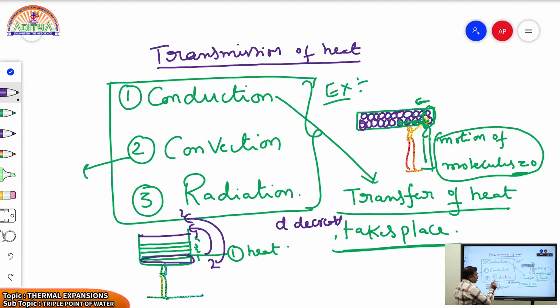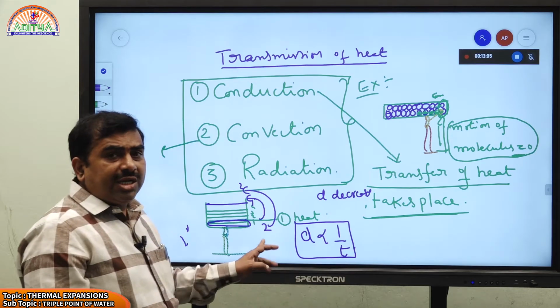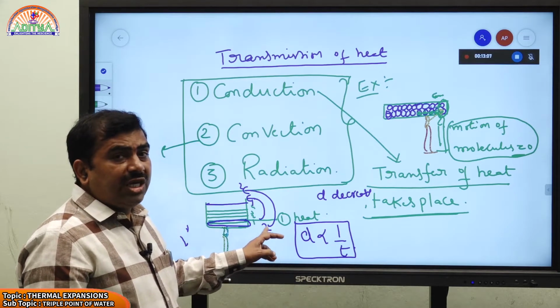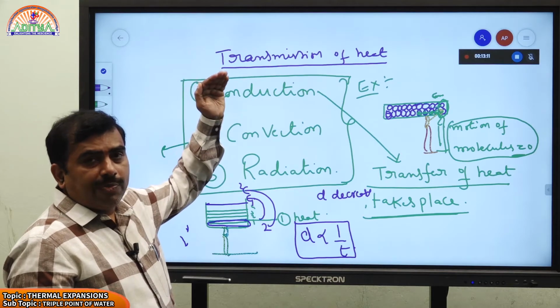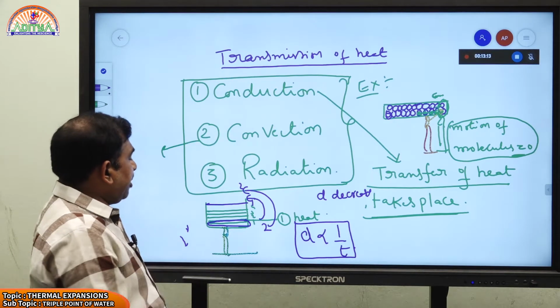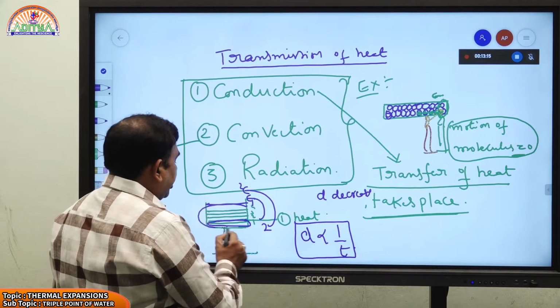So first, second. Look, slowly the bottom layers are transferring towards the top position, because we know that density is inversely proportional to the temperature. As the temperature increases, the density of these layers slowly decreases and they move to the top. As a result, after some time, all the layers will get heat.